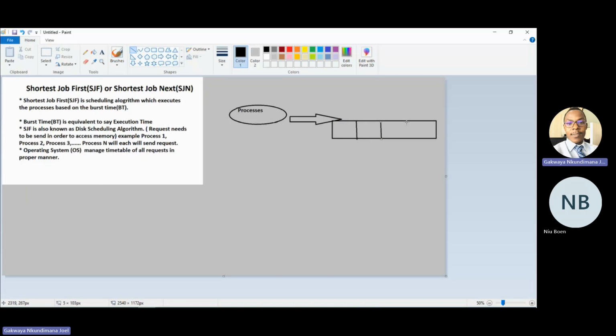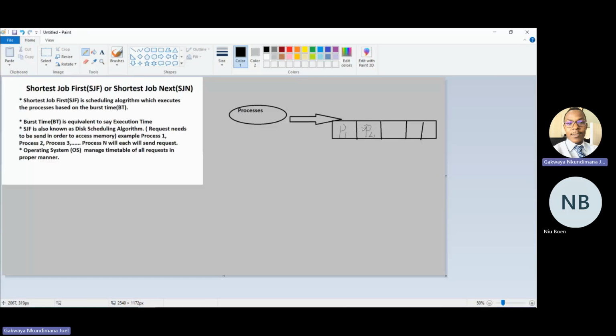Process 1, 2, 3. Let's say this is the table management of the processes. So here you can have P1, P2. You keep writing them here.